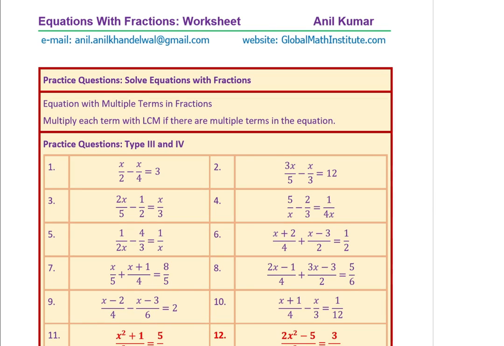And then we had another set of questions where common denominator was the main strategy to solve the equations. So multiply each term with the lowest common multiple, and then you can solve these questions.